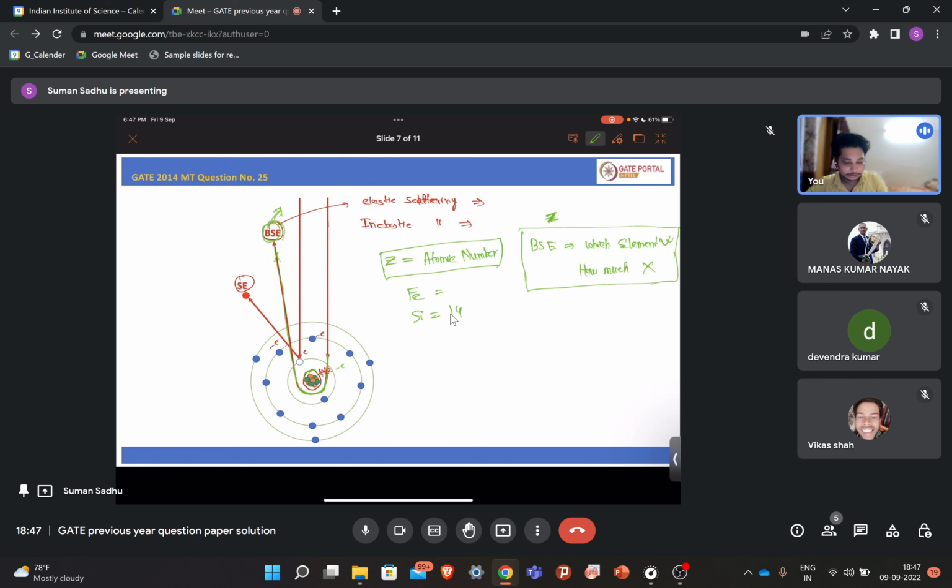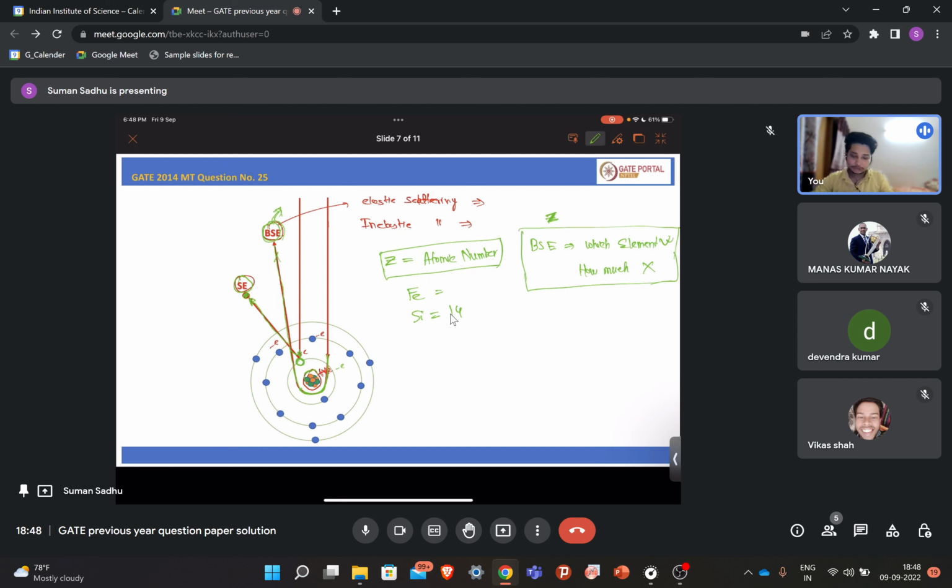Now what is secondary electron? Secondary electron is when the beam electron knocks out one of the sample electrons. There was one sample electron, the beam knocks out this electron, and then it comes out from the sample. So this is basically a sample electron.